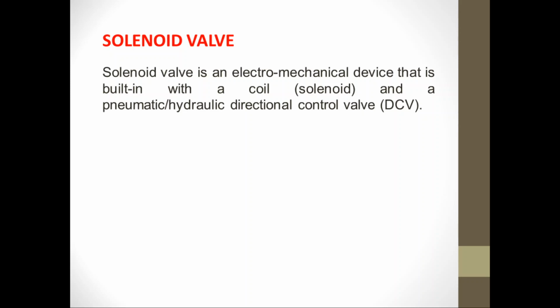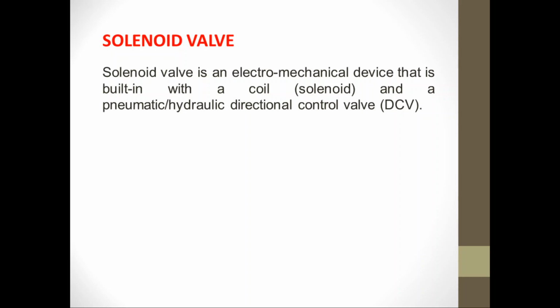Meaning to say, the solenoid valve is the one being controlled by the electricity, which will then allow the passage of air from the compressed air source to the pneumatic cylinders.